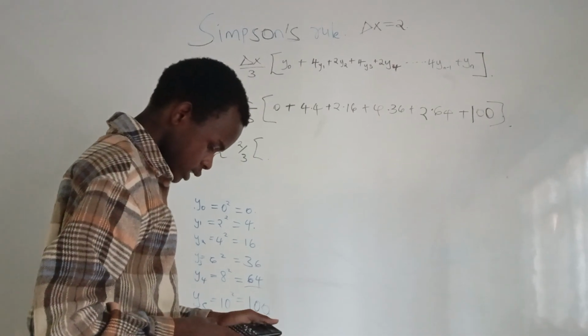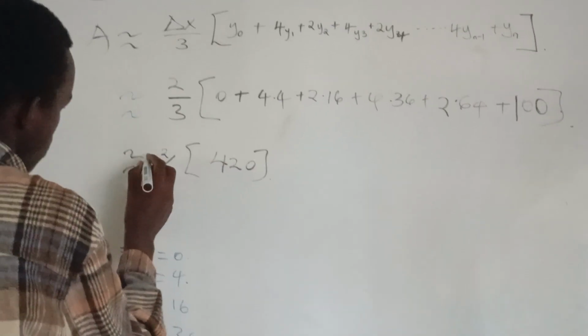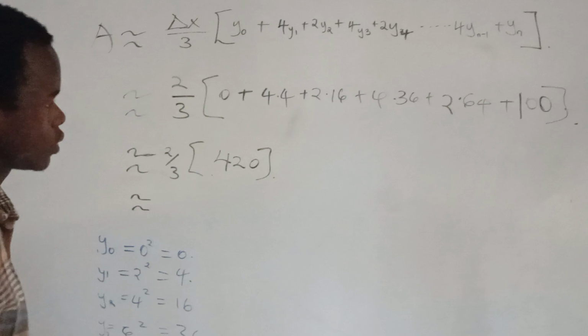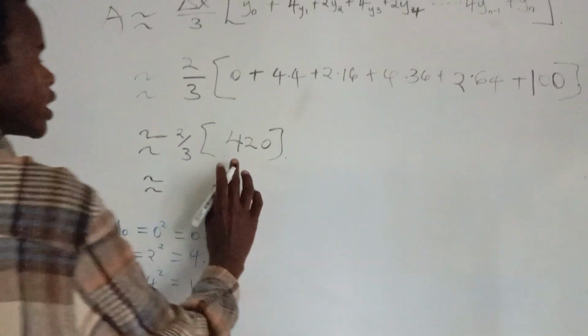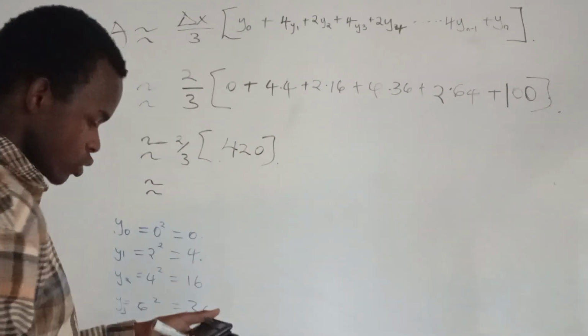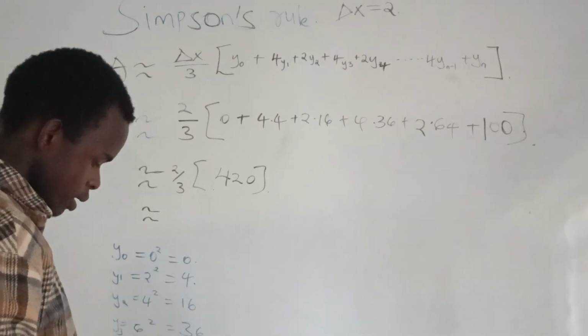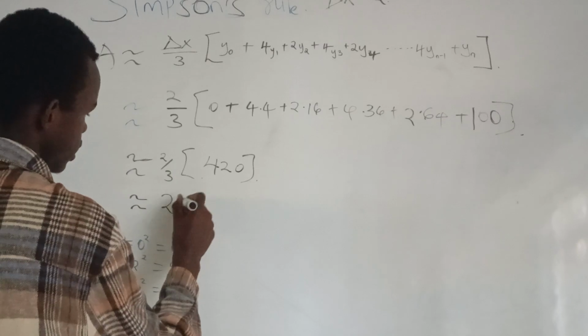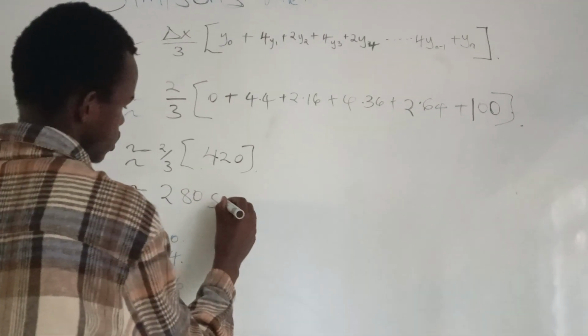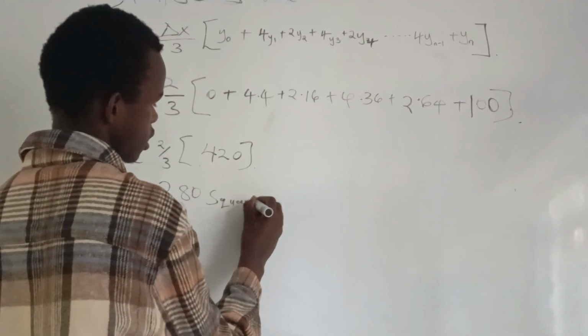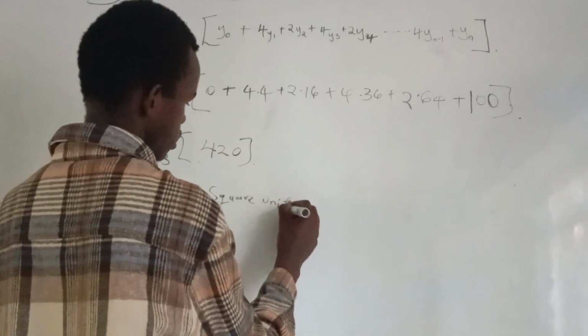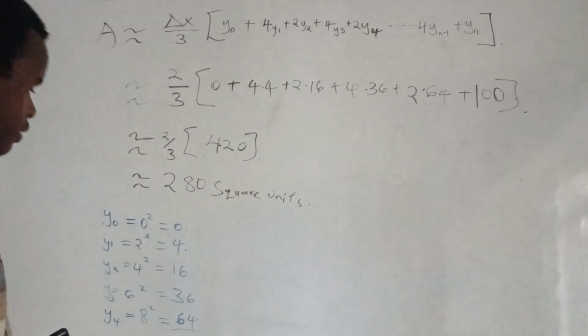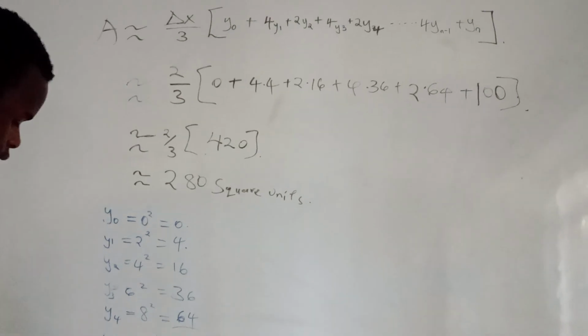So it will be 16. Doing these computations, you get 420, so it will be 420 multiplied by 2 over 3. You get the answer as 280 square units.